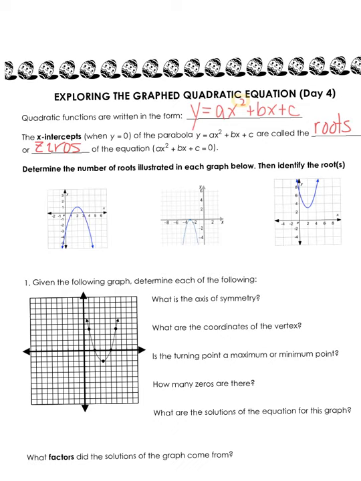That says zeros of the equation. So as you can see here, we set it equal to 0. We learned how to solve by factoring, by completing the square, and by the quadratic formula. All of the answers that we get after we set it equal to 0 and solve are the roots and the zeros.